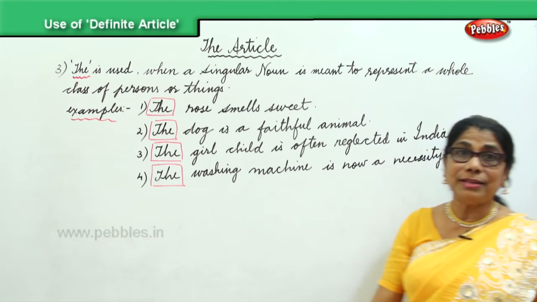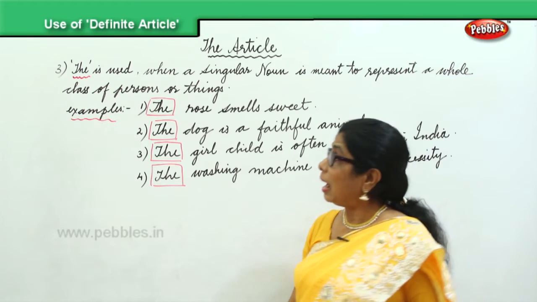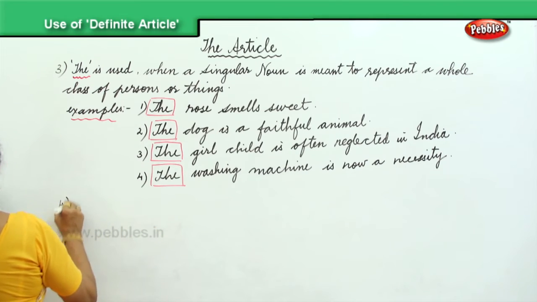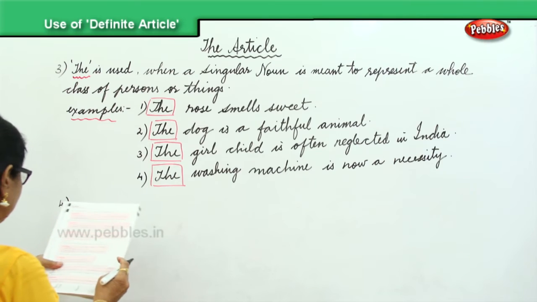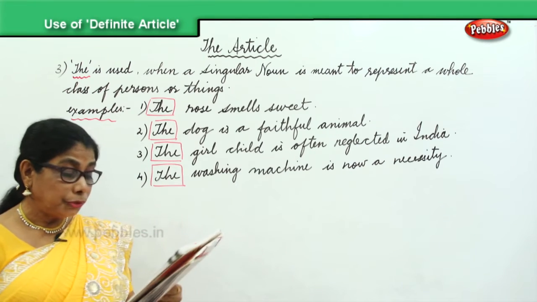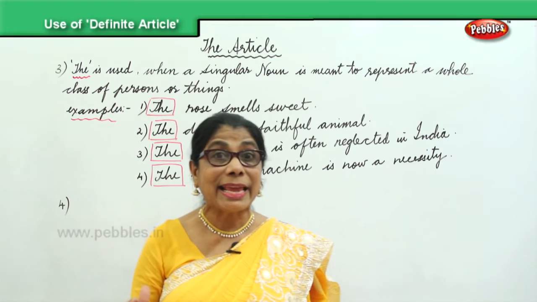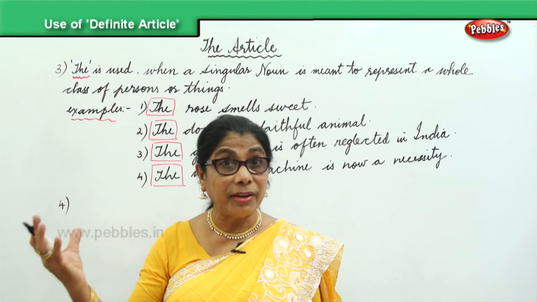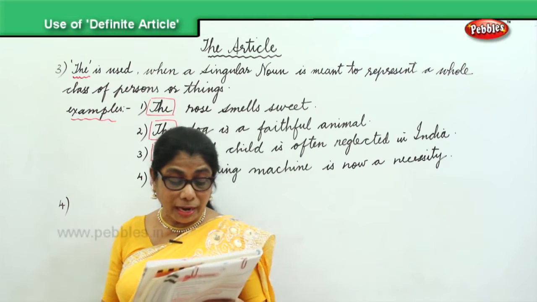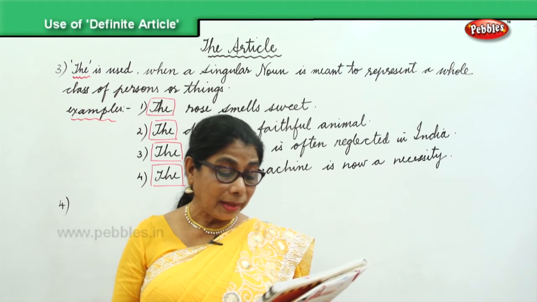Then the is used, the definite article. In the next one, the is used before geographical terms, when you say the Ganges, the Himalayas. Now, to these you also have exceptions.